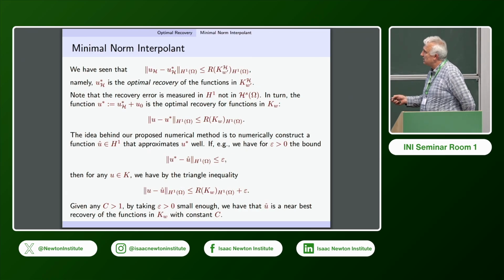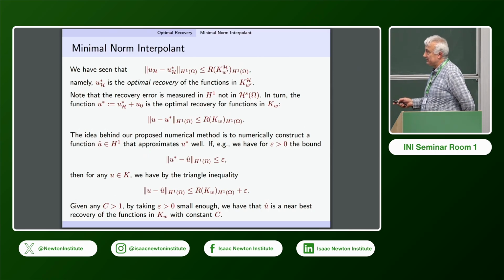U minus UH star, which is the optimal recovery of the functionals, is smaller than the radius of this space in H1. As I said, we are measuring in H1, and that means it's different for different spaces, not in this HS.